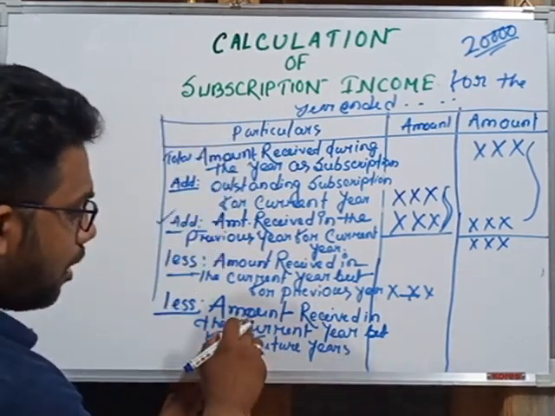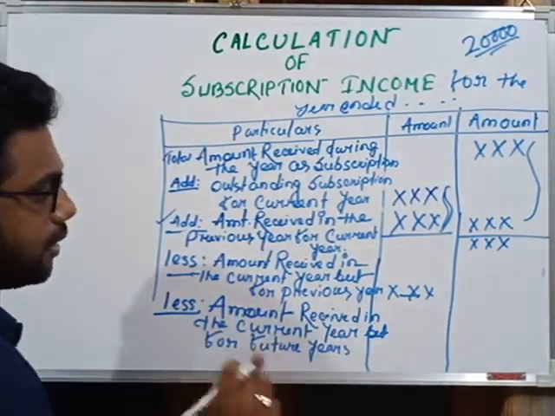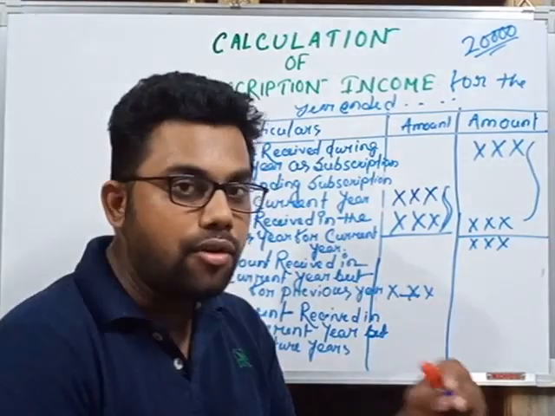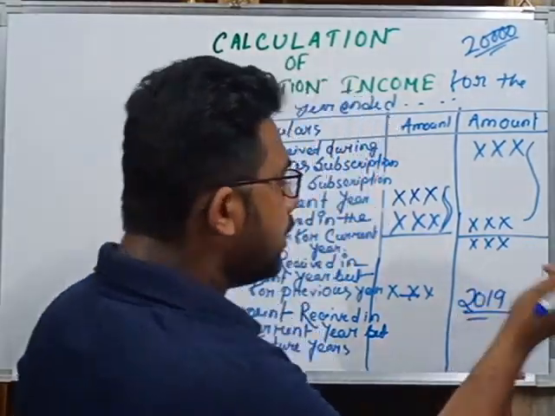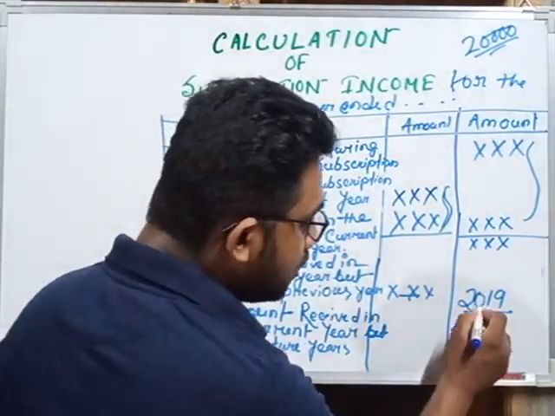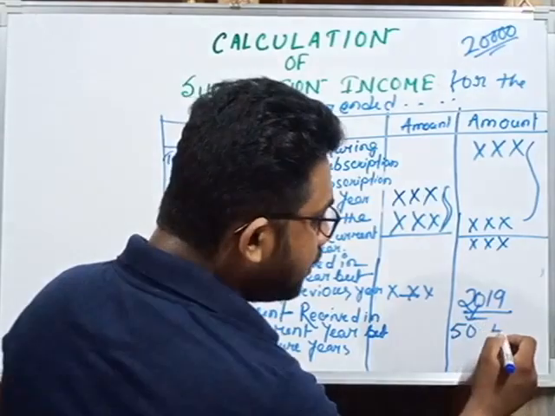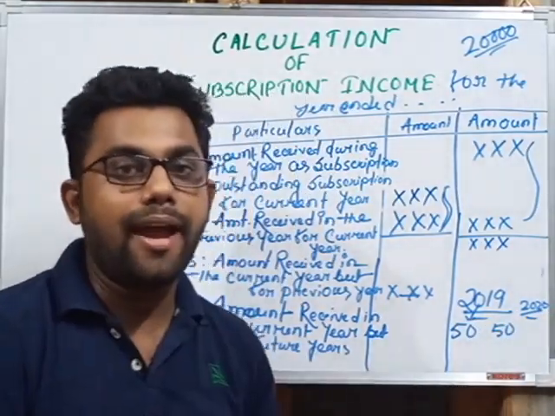This item is amount received in the current year but for future year. Suppose it is an accounting year for 2019 and I am a member of that organization and I have paid 50 for 2019 and another 50 for 2020. That means the advance subscription that I have paid.